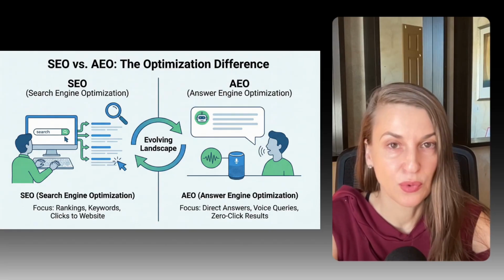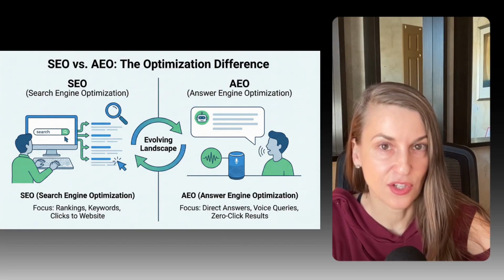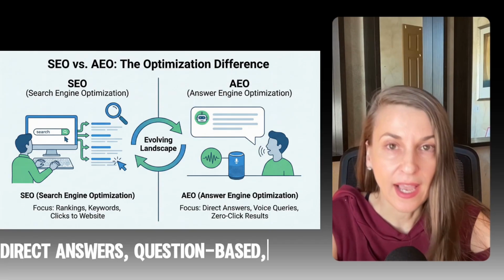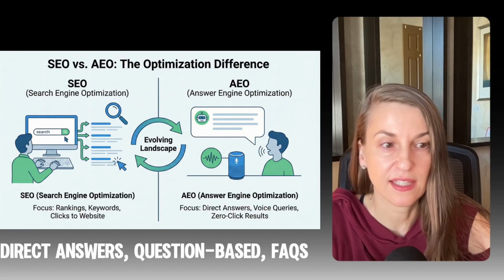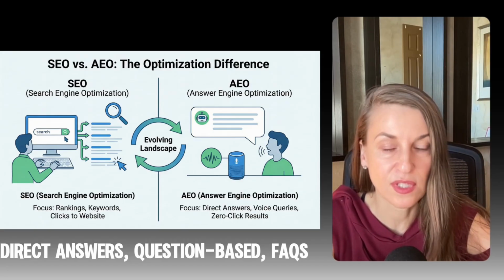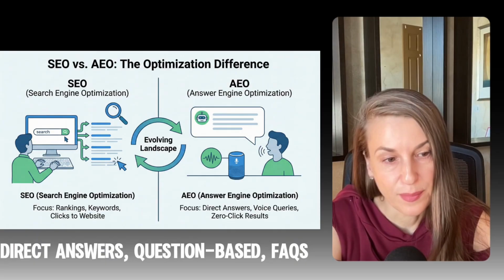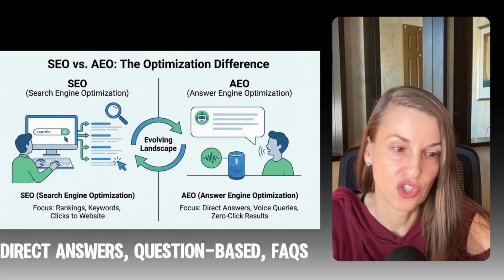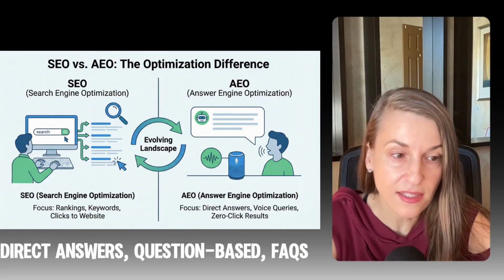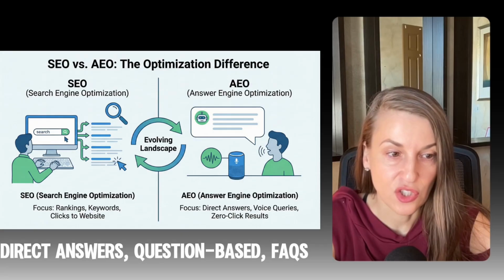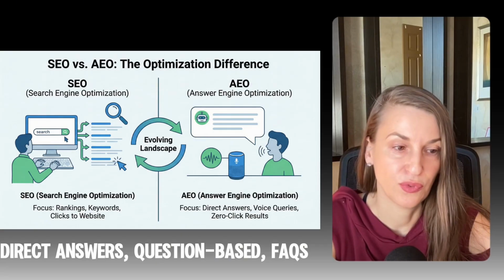The difference between AEO and SEO is that for AEO, you need to add direct answers on top of your post. Also, question-based headings that match how people actually ask, and FAQ sections that AI can pull from.